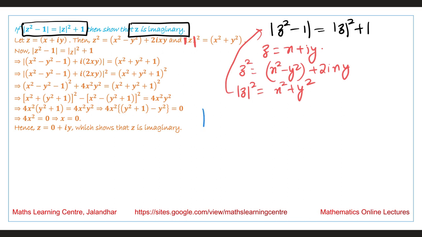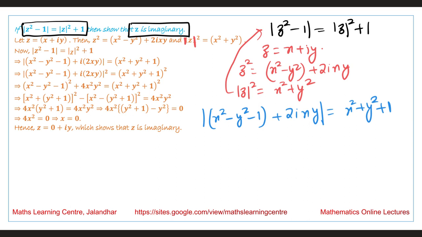So we obtain mod of x square minus y square minus 1 plus 2 iota xy, that is equal to x square plus y square plus 1.